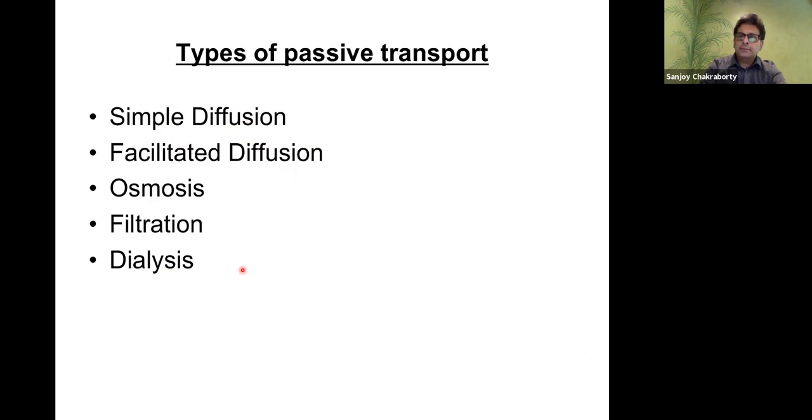These 5 types are passive transport. One thing is common in all 5: they don't require any ATP, and the molecules move along their concentration gradient, meaning from high to low concentration. But in this chapter, we're going to focus only on the first 3, mainly simple diffusion, facilitated diffusion, and osmosis.